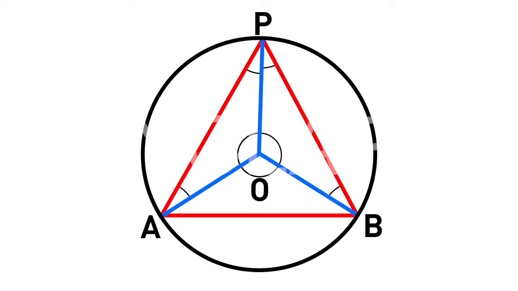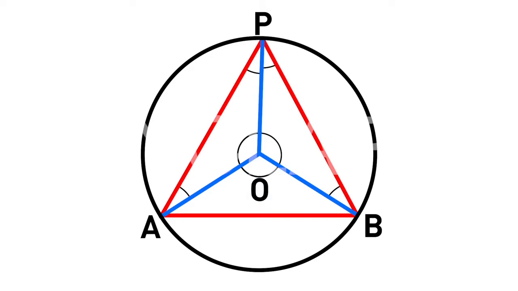Now, OA, OP and OB represent the radii of the circle. The triangles AOP, BOP and AOB are isosceles triangles as OA, OP and OB are equal.